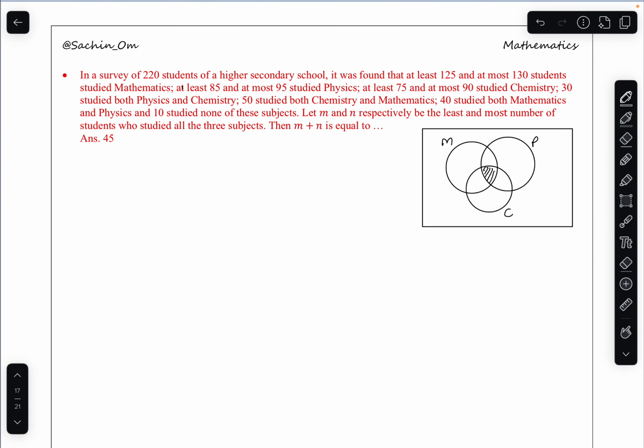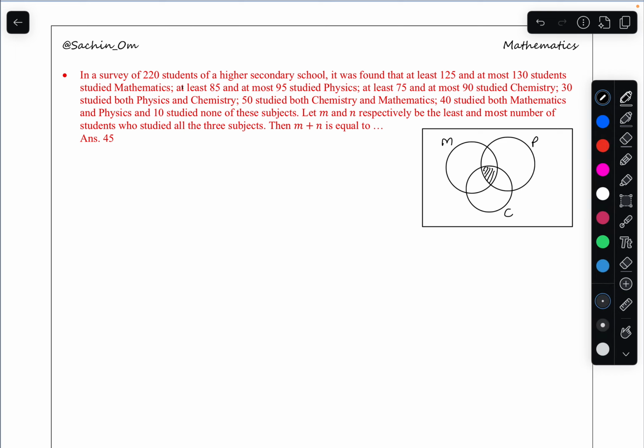In a survey of 220 students, it is found that at least 125 and at most 130 studied mathematics, at least 85 and at most 95 studied physics, at least 75 and at most 90 studied chemistry, 30 study both P and C, 50 study both C and M, 40 study both M and P, 10 study none of the three.